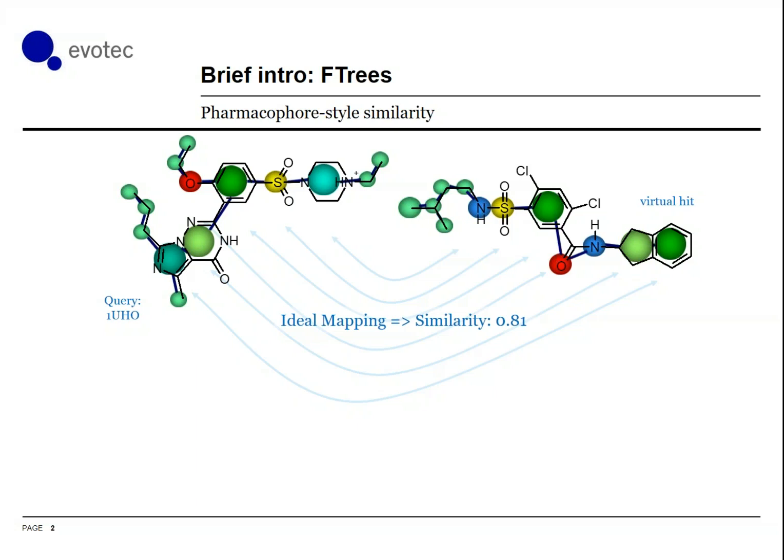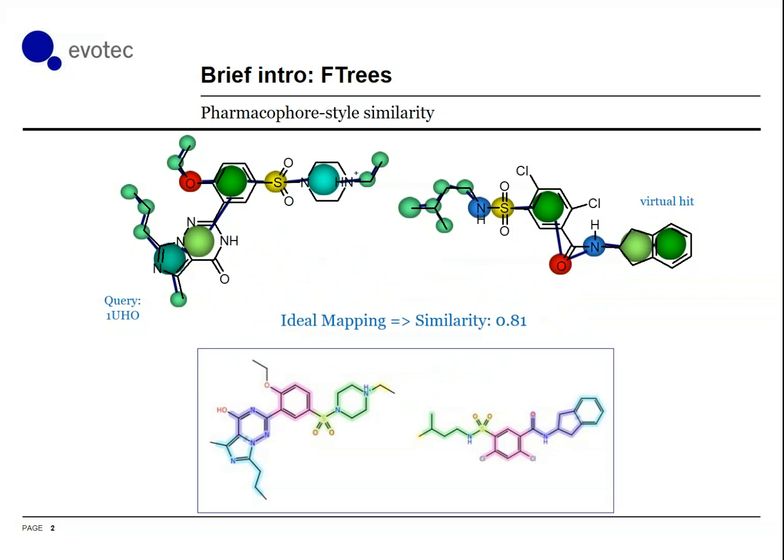And as an additional benefit, you get to see the mapping also through these color-coded depictions, where the same color indicates that these 2 substructures are mapped in the calculation of this similarity value. And here you can see one unique feature of feature trees, which is its ability to ignore the exact substructure and hop to a different substructure on the other molecule.